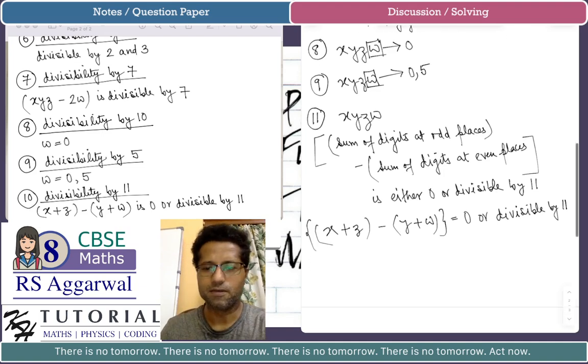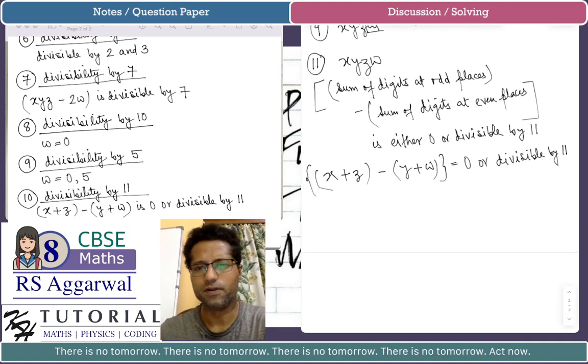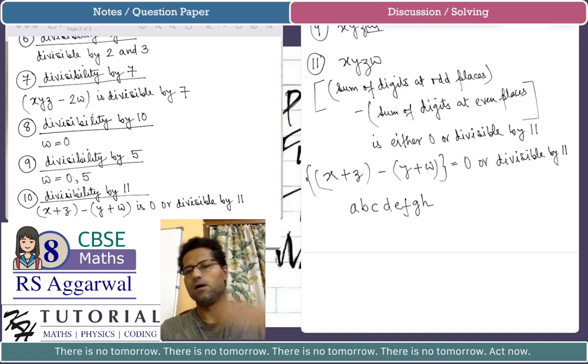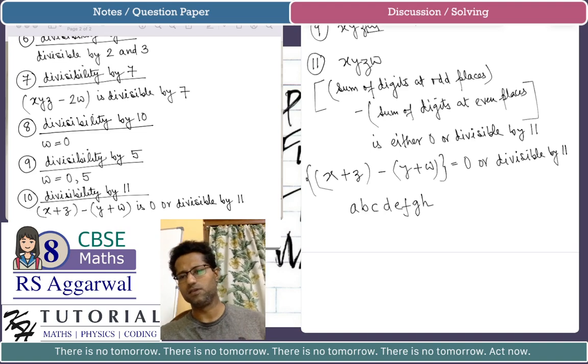Now to give you a slightly different example, let's say the given number is ABCDEFGH. So it's an 8-digit number where A, B, C, D, E, F, G, H are all digits, that is 0 to 9.